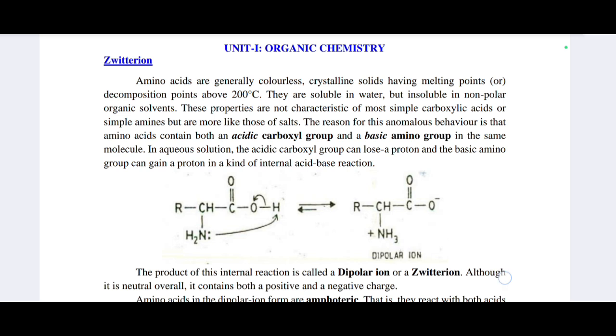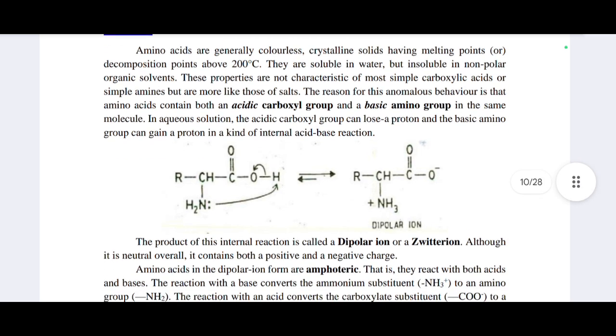In the structure you can see, from the carboxyl group, the oxygen withdraws the bonded electron towards itself because of its higher electronegativity, and it loses the H+ ion as a proton.